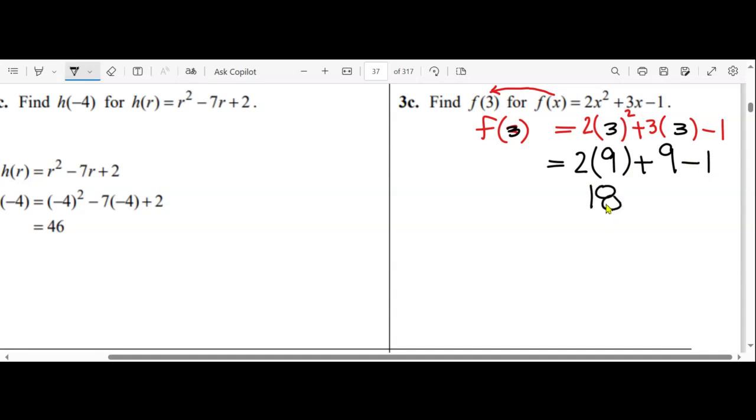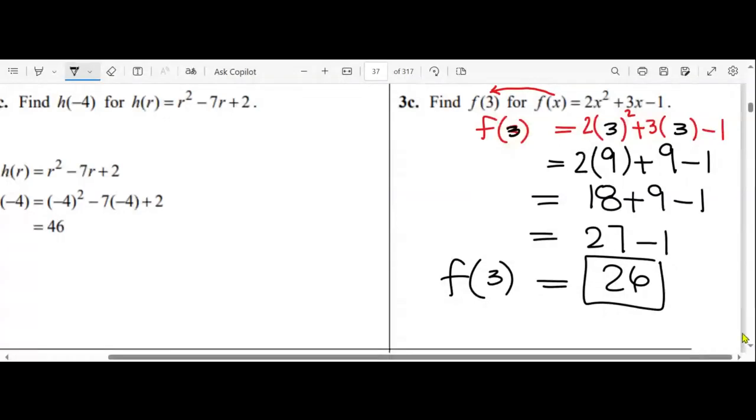This gives you 26. That's your final answer. Easy? Move on.